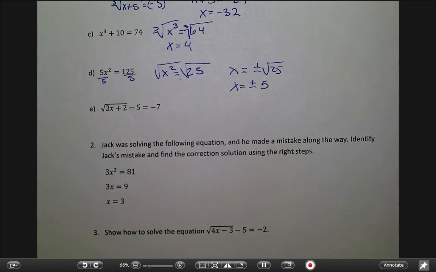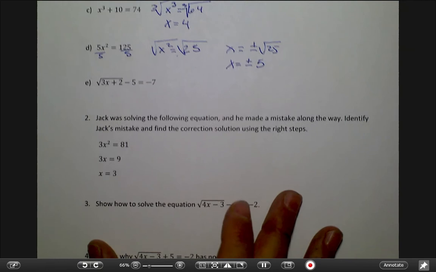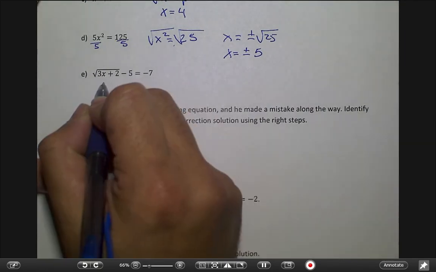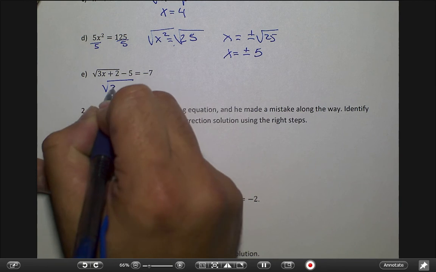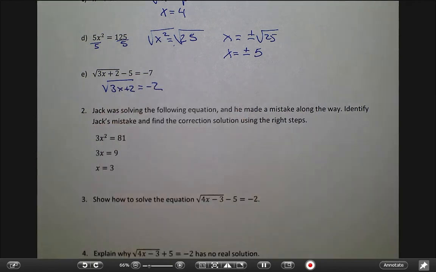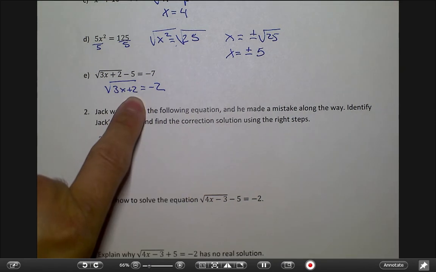All right, for E, what do I need to do on E? Add 5 to both sides. So I get 3x plus 2 equals negative 2 there. Square it. Angel, what do I do? I square both sides? It's wrong because when it's a square root and you have a negative, it doesn't work. The square root will never equal a negative. Does not exist.